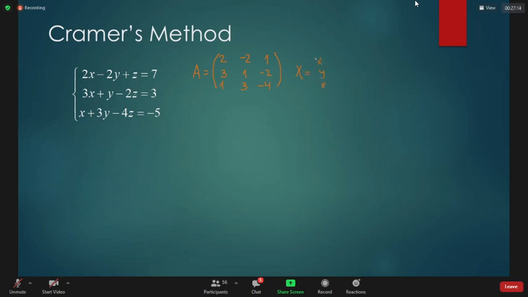I don't have numbers for the elements, I have names, x, y, z. And of course, the right-hand side column is 7, 3, 5. So these are the elements. If I want to write the system as Ax equals B, then these are the A and X and B as they are.